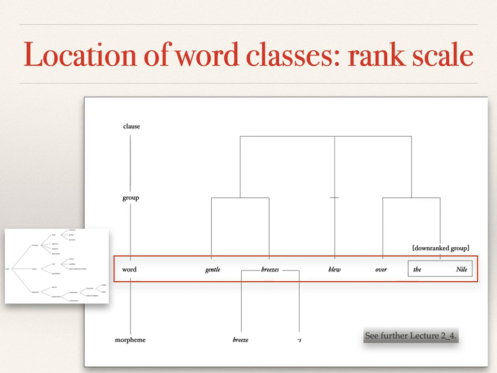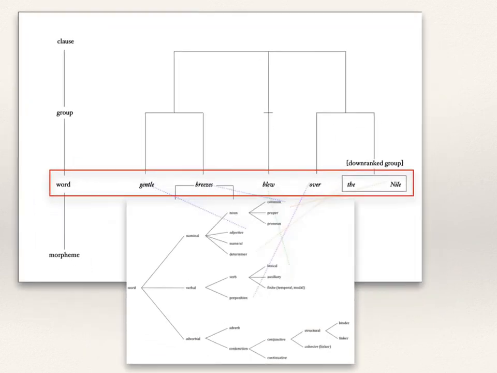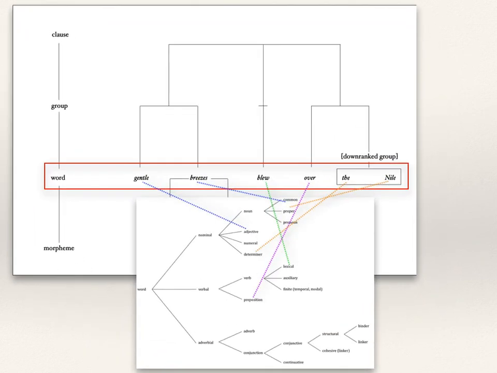And you could further go into the internal structure of the words, like breezes. So breezes consists of the noun breeze and then a plural suffix z. But you have to look at this in relation to the overall organization of the grammar: clause, group or phrase, word, morpheme. And you can familiarize yourself with the relation of this to the classification of different word classes.